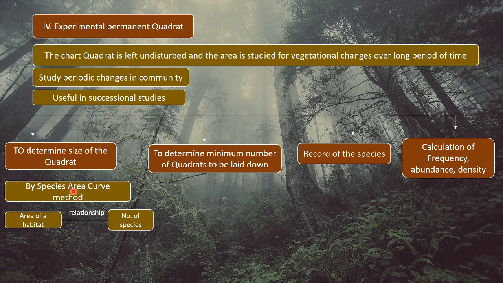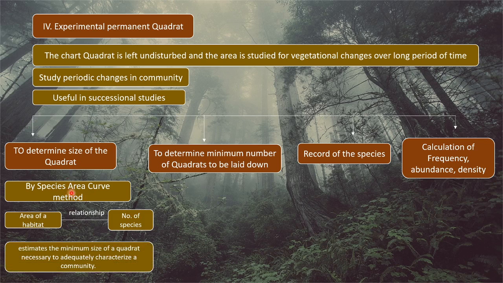So this is the species area curve method, and this method estimates the minimum size of a quadrat which is necessary to characterize a community. Some areas might need a small quadrat, some areas might need large quadrats, right? It depends upon the type of area and the number of species present, and based on that we can determine the size of the quadrat.